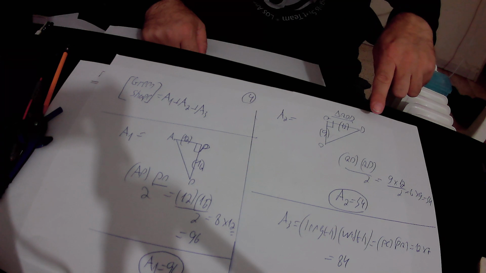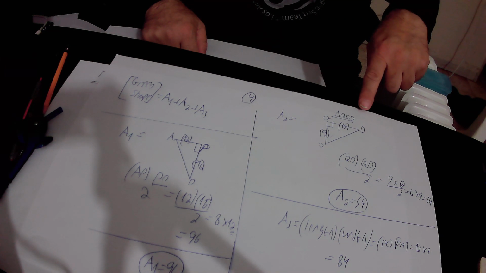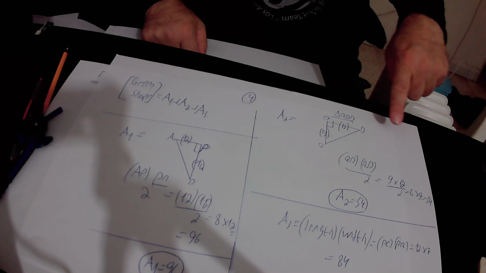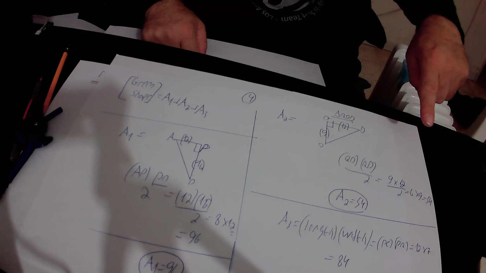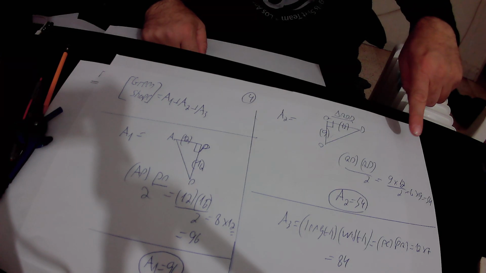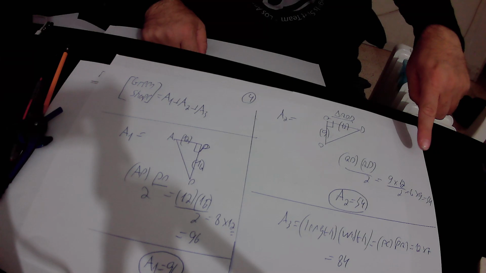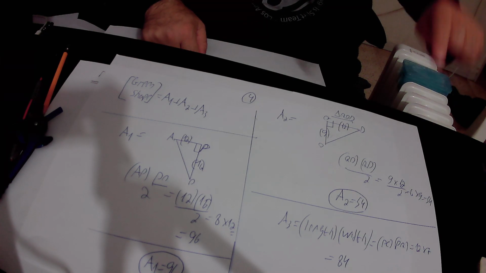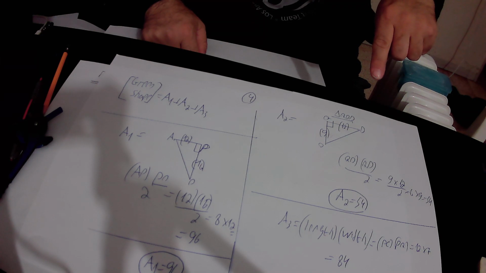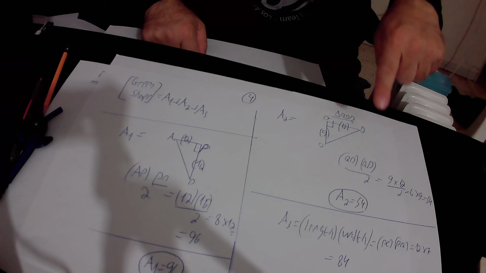So QD is 12 and QO is 9, so it is 9 times 12 over 2. 12 over 2 is 6. So in total this expression equals 6 times 9, that is 54. In conclusion, we found that A2 equals 54 square units.